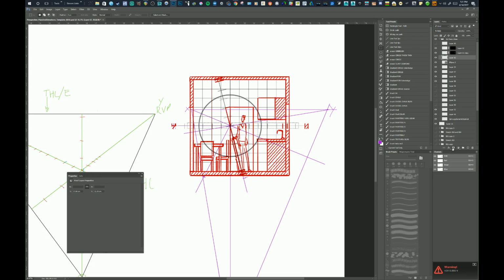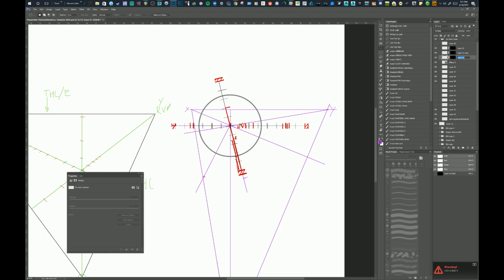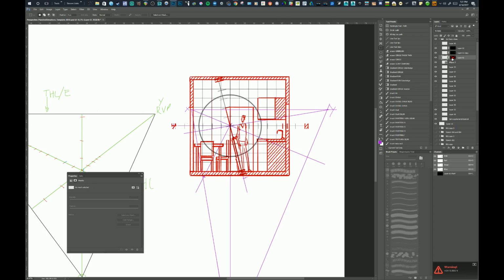Photoshop, you fail me. All right, so this one will be our, I think, what did I say? I said this one was going to be Y or X. So this is going to be Y, so I want my, actually this one should be my X, because I want my shorter part of my room to go on the more steep angle.